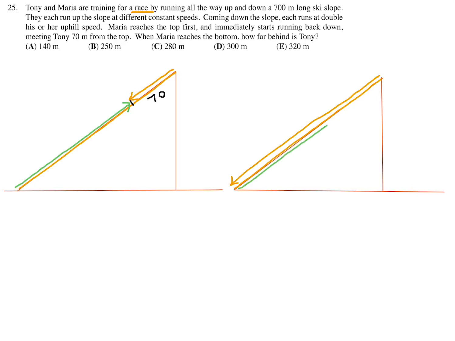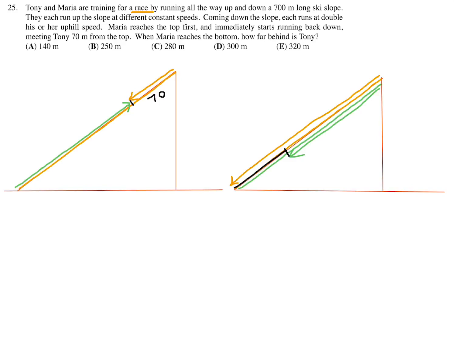He went all the way up, and he's coming back down, and he's going to be at a certain point when Maria reaches the bottom. So they are asking us, when Maria does reach the bottom, where is Tony? If Tony is here, what is the distance from there to there? I hope that makes sense. If so, let's proceed with the mathematics of this.